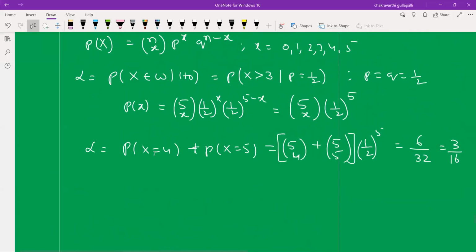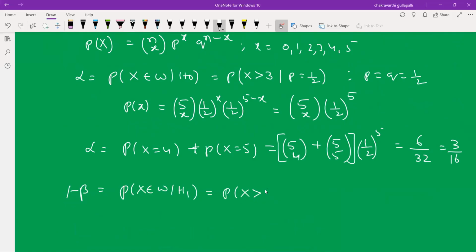Now, next here, we have to find out 1 minus beta or beta. Using this 1 minus beta, we can find out beta value. Probability of x belongs to W under H1, x greater than 3 based on the given statement.